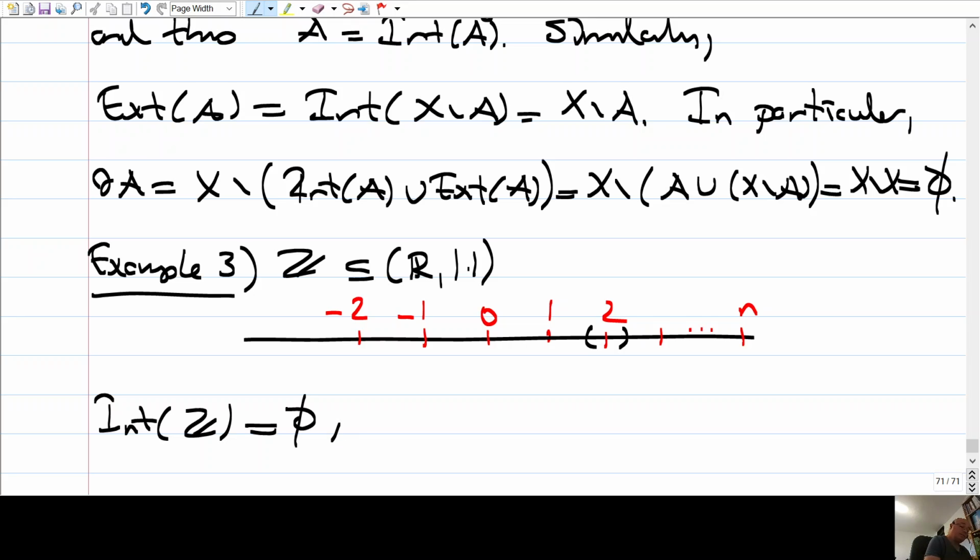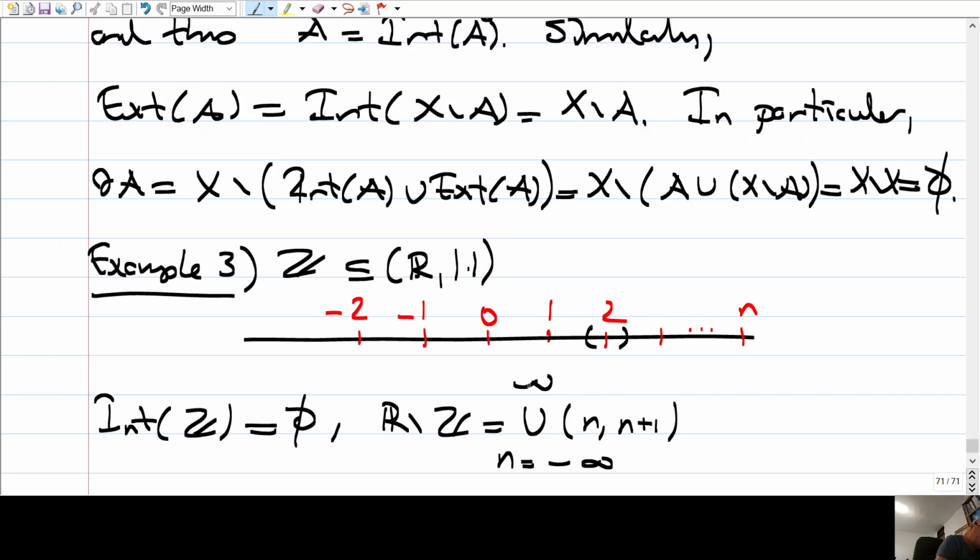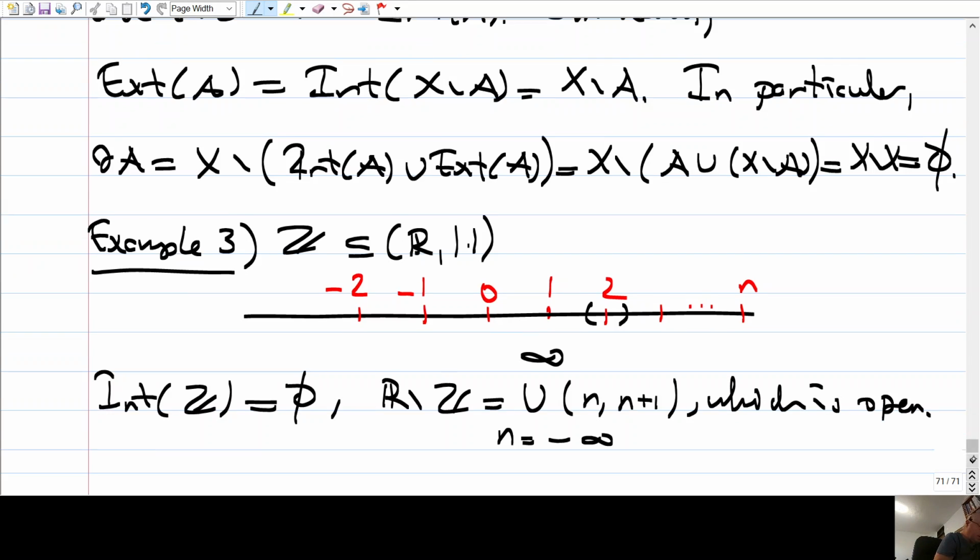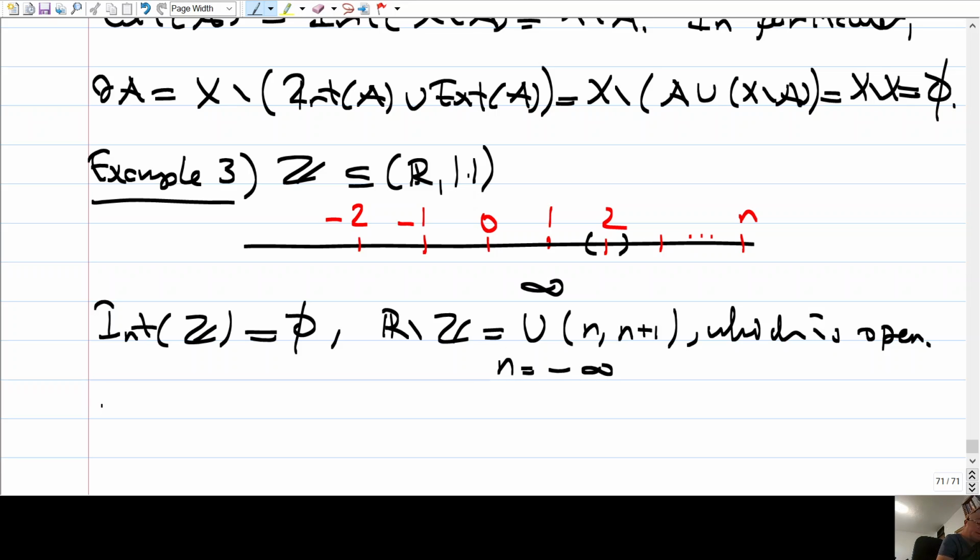R minus Z is what? This is just the union of the intervals (n, n+1), over all integers n, so R minus Z is a union of open intervals. In particular, it is open. Well, since this is an open set, its interior is itself.